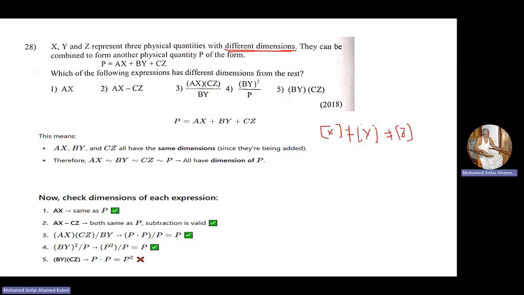This is the given data. They can be combined to form another physical quantity P of the form like this.